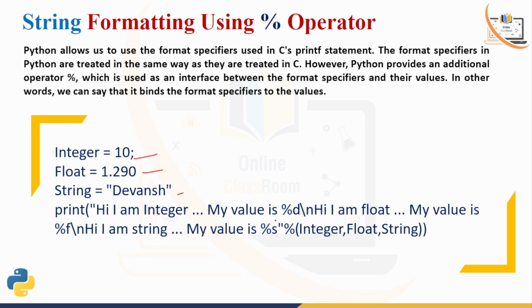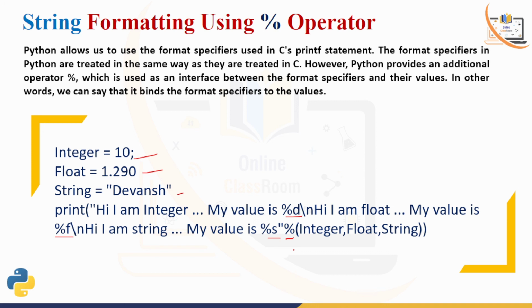Then we can write: I am an integer, my value is %d. %d will map with the 10. I am a floating point number, and my value is %f, and I am a string, it is %s. I already told you in my previous programming in C that we have to write a comma, but here percentage is the separator, right?